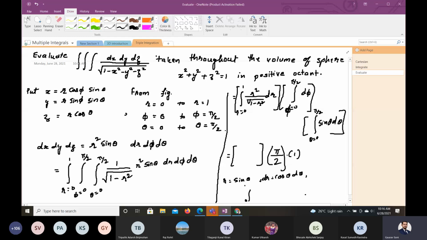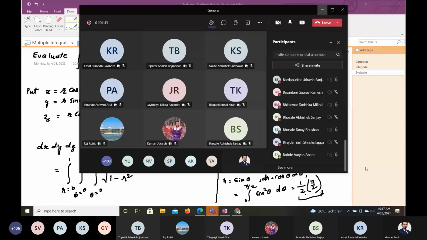So integration 0 to pi by 2 sine square theta. In the denominator, 1 minus sine square will become cos square, so cos theta will be in the denominator and cancel with this cos theta. So 0 to pi by 2 sine square theta. What is the answer for this? 1 by 2 into pi by 2. I hope you know this. How do you get this?